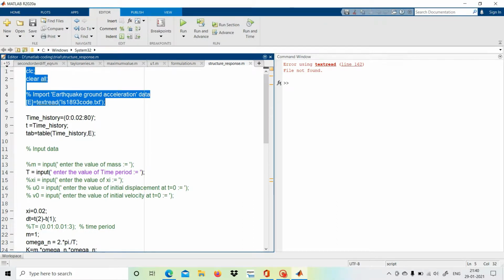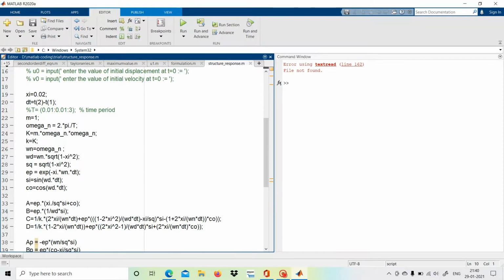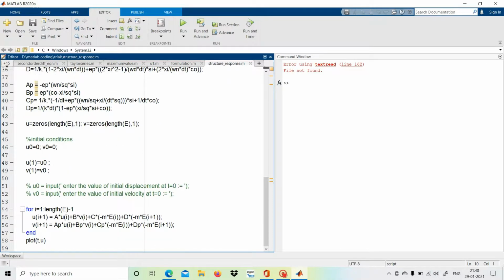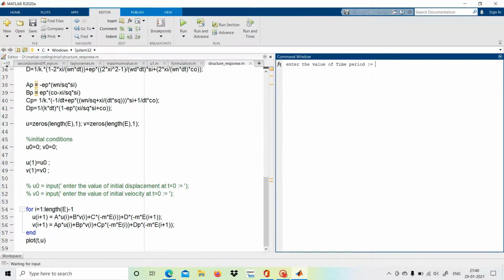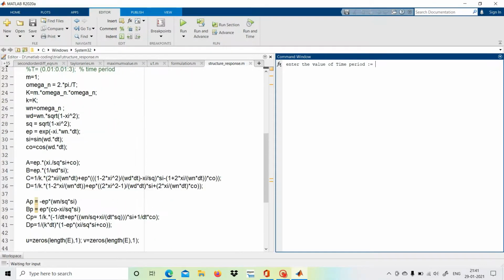Let's run again. So enter the value of time period of the structure.